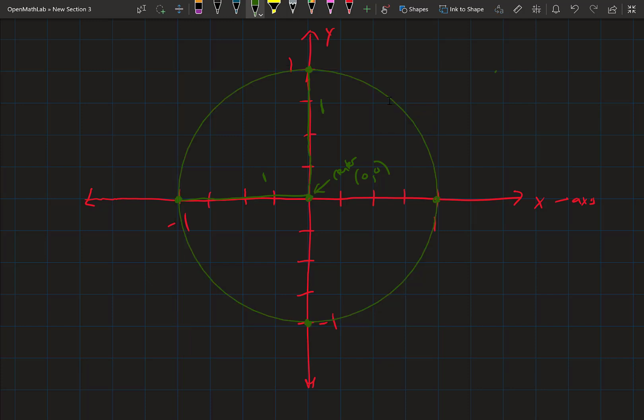So then if I draw a line from the center to any random point, right? The radius of the circle is 1, so that distance is also going to be 1, right? So that's what we mean by a unit circle. So this circle is a collection of all points that have a distance of 1 from the center, right?